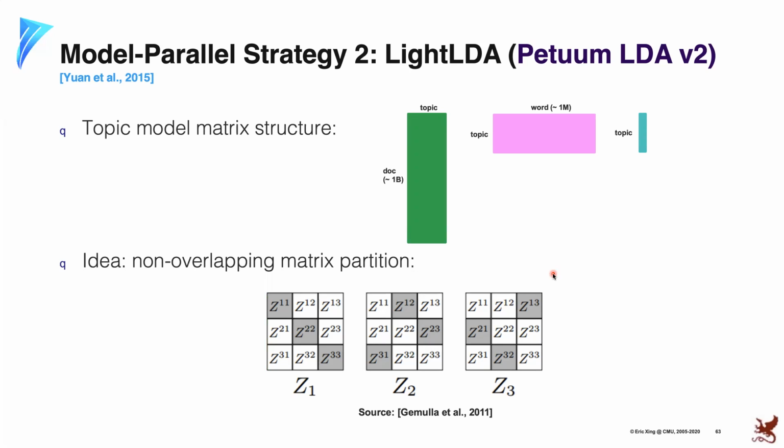And finally, if the data itself is not that sparse and we also do not want such central control, we manually do the parameter splitting, based on either graph partition or this non-overlapping matrix partition approach.